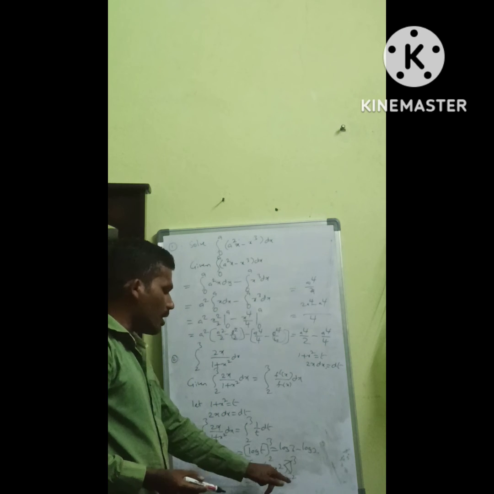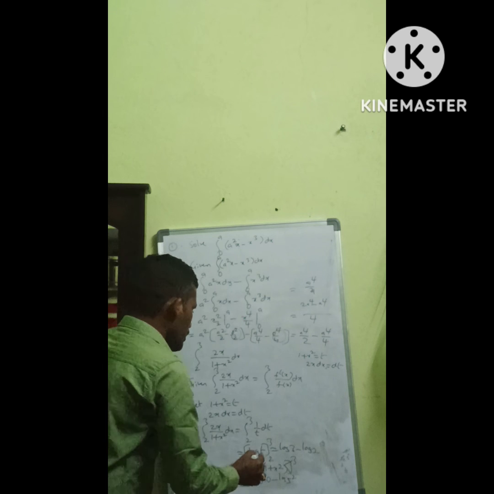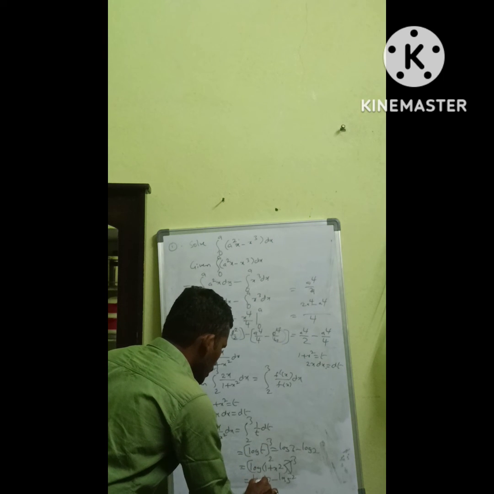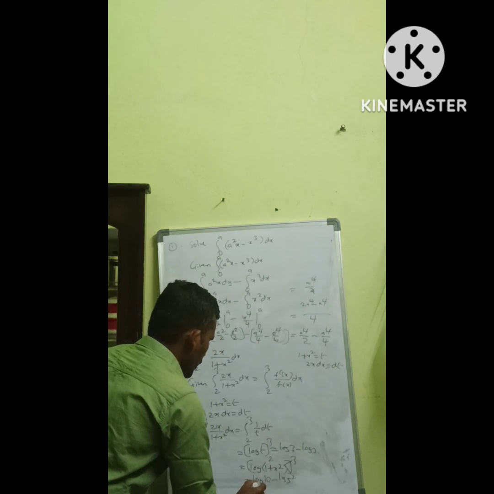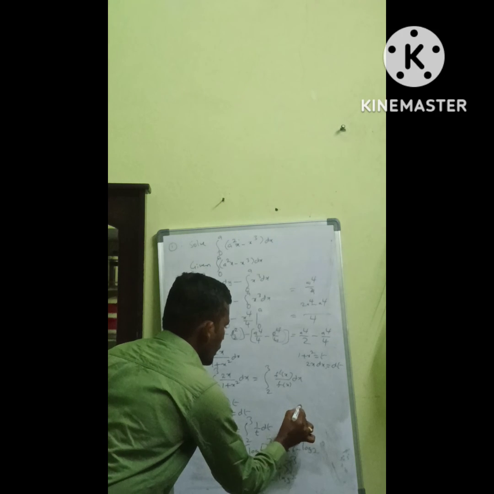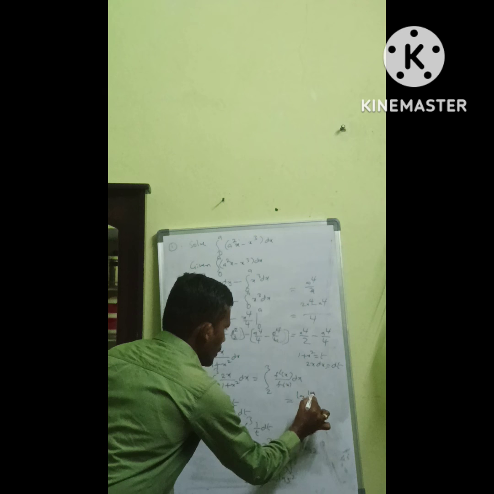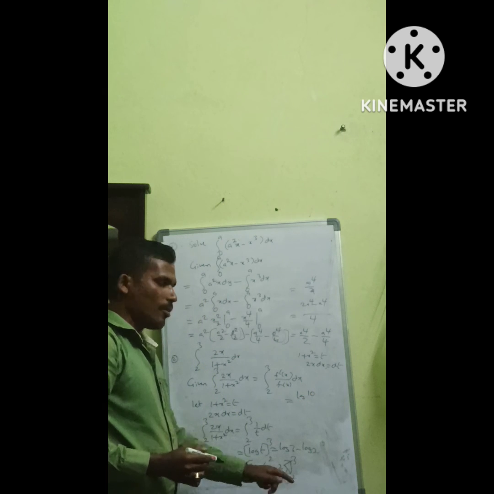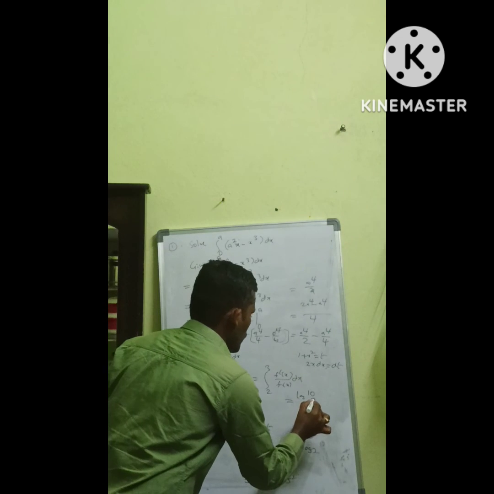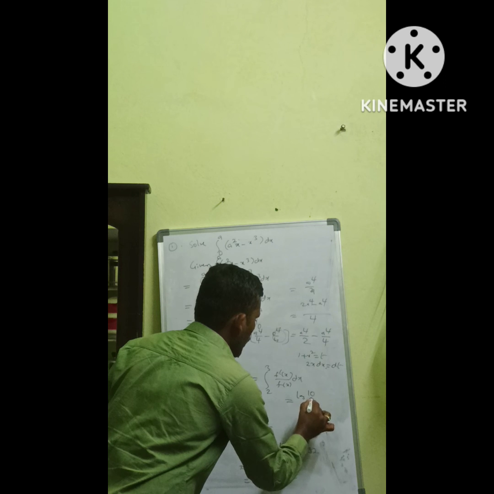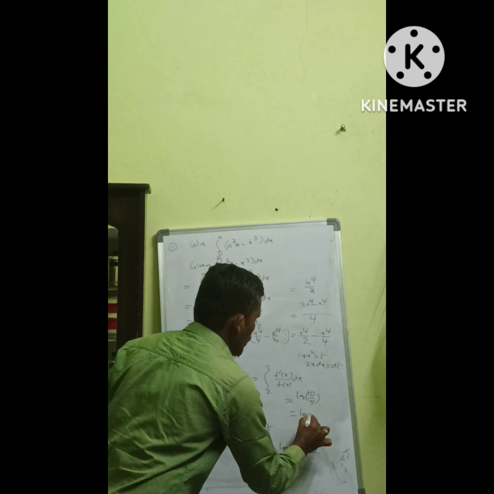Log a minus log b can be written as log a by b. So here log 10 by 5. So what will we get here? Log 2.